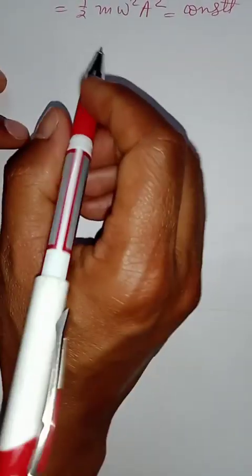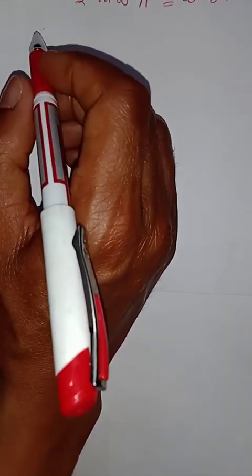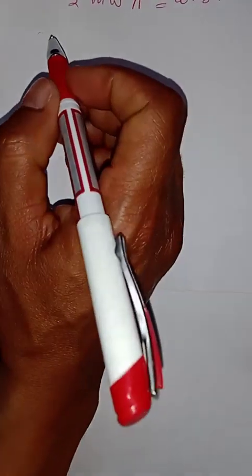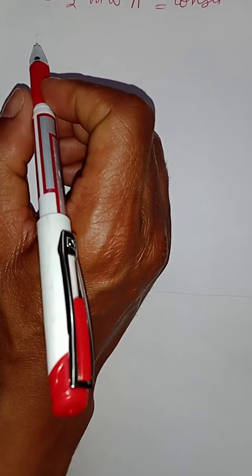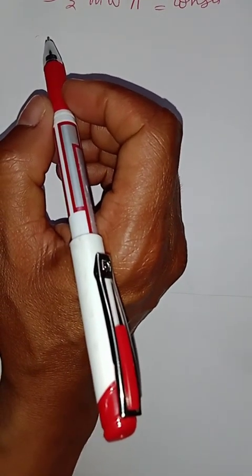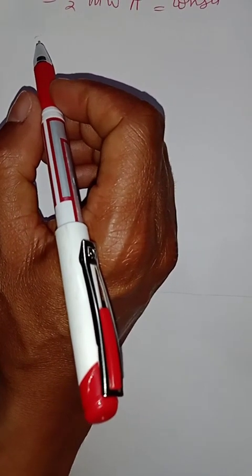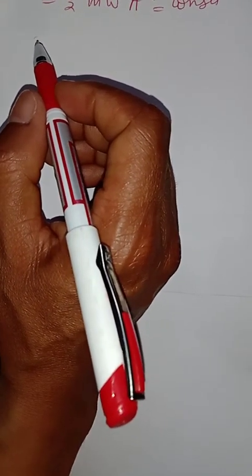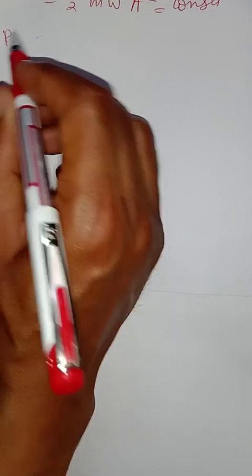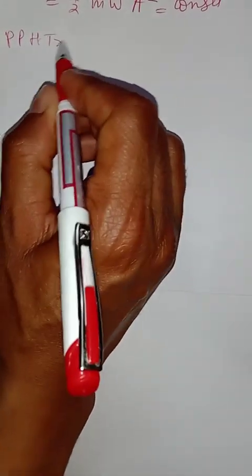Next is, I'm not going to derive it. For the derivation you can watch another video of mine, but what is important here is that in some of the questions you need to have just an idea of a plane progressive harmonic wave. So, a plane progressive harmonic transverse wave.